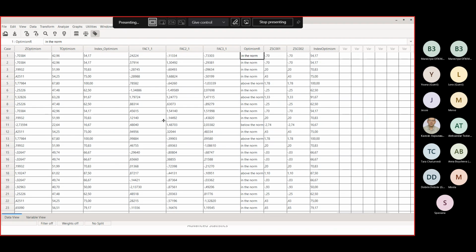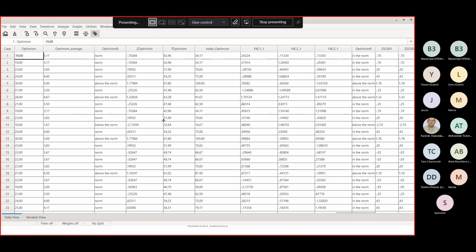Here, average optimism. When we see here 3.17, we don't know anything. We don't know anything about the norm. Whether this person is in the norm or not, we can't say from this number.